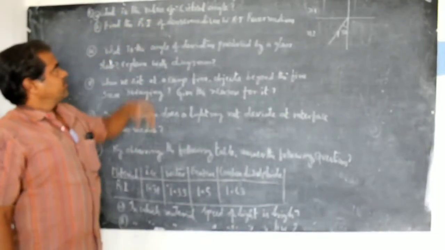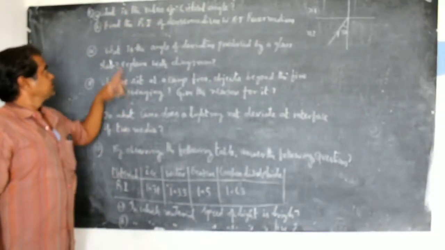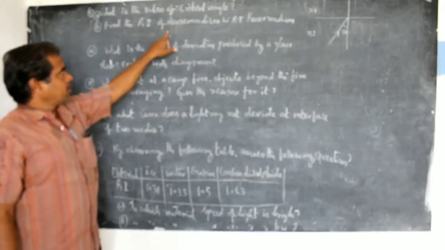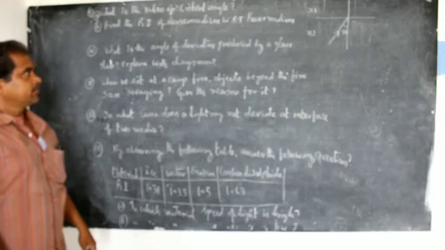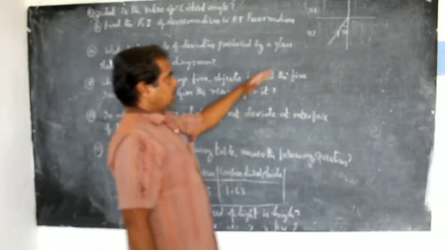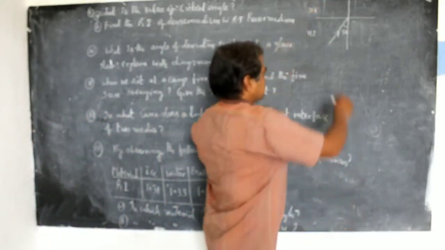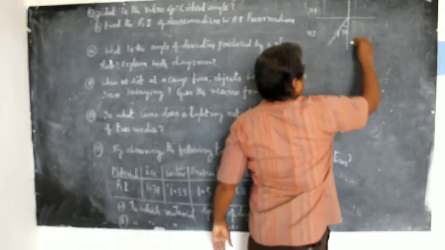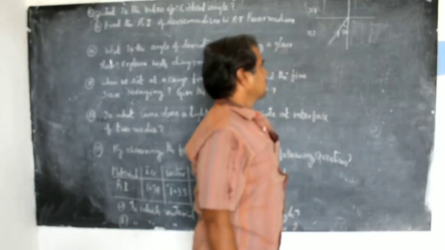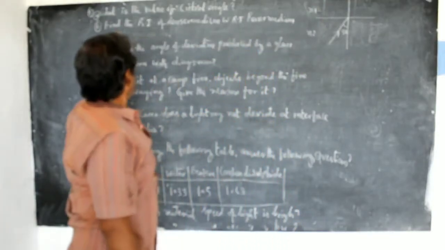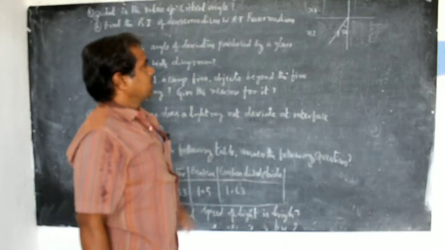So what is the value of critical angle? Find the refractive index of the denser medium with respect to the rarer medium by observing those diagrams. Here, one light ray travels from denser to rarer. This colored part is treated as the denser medium, and this plain part is treated as the rarer medium. What is the value of critical angle?